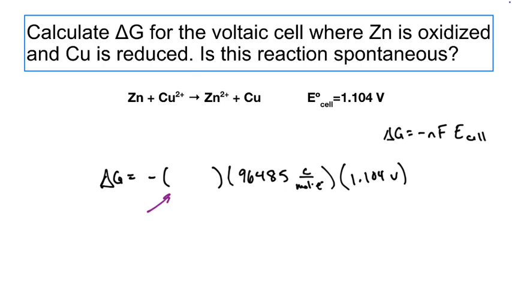The tricky part here is going to be what is our N. If we go to the overall chemical equation, do you see the number of electrons? Do you see any electron? You see electrons? What's the symbol for electron? E. Where do you see an E? Okay, and that becomes one of the challenges on determining that N, because it's not usually explicitly stated in your overall reaction. In fact, it should never be in your overall reaction. Why not? Why do we need to have them cancel out?